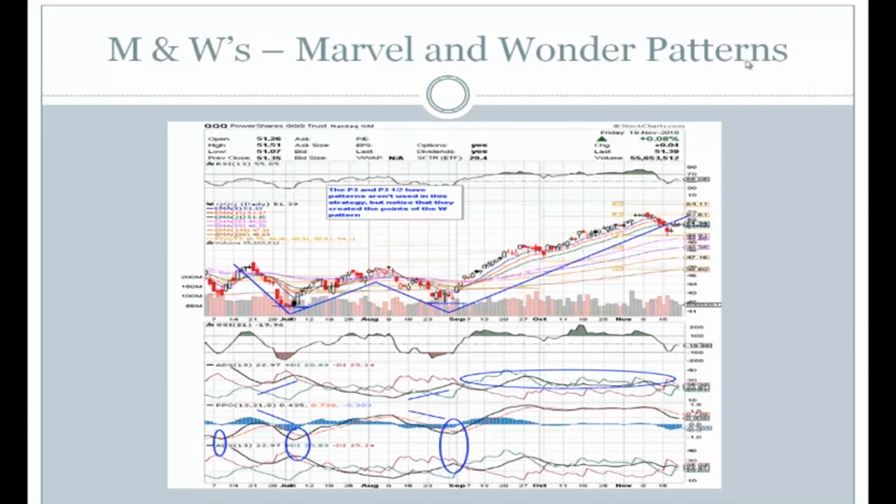Now, again, I'm going to point out the squeezes because often the P3 squeezes and the P3.5s are what help the M's and the W's to form. So I've drawn circles down here, and the first squeeze was a very, very tight one, and yet it re-squeezed rather quickly.